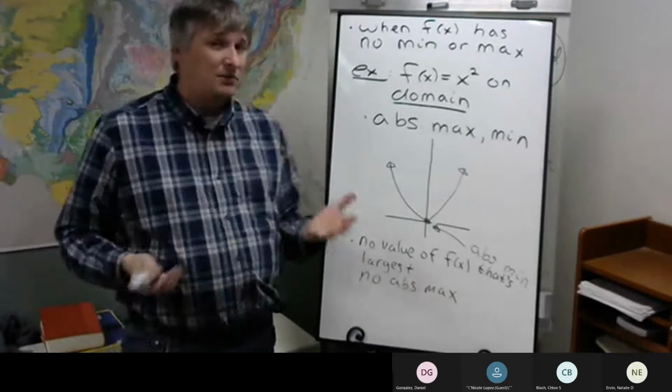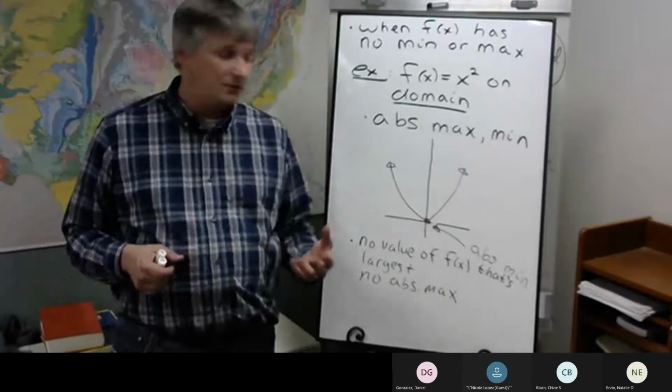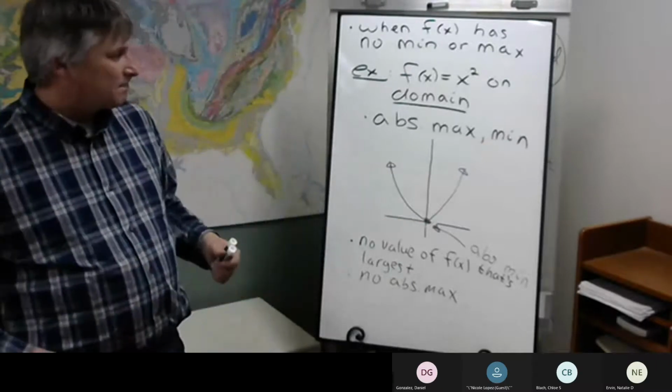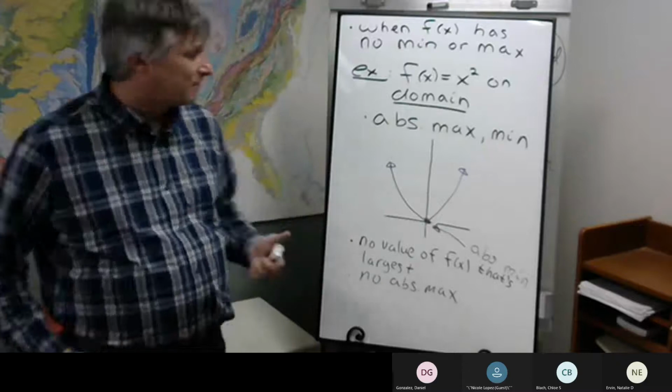So you can actually have a situation where you don't have an absolute max, but we do have an absolute min. This is the smallest f of x we'll get. So that's one way you can have a situation where there's no max or min.